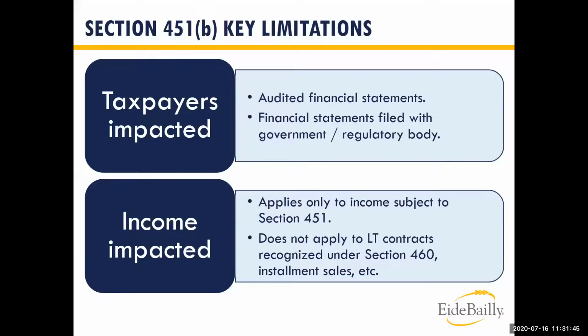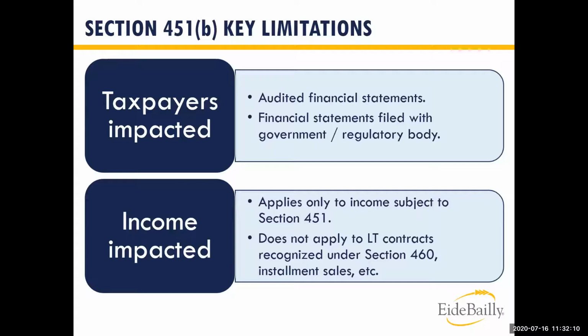So a lot of our clients, since this is unfavorable, we've been focusing on who's actually subject to these rules and what about their income is subject. The good news is that this 451B, of the three provisions we're going to talk about, impacts the smallest or narrowest group of clients. It applies only to taxpayers that have an audited financial statement. This does need to be an audit.